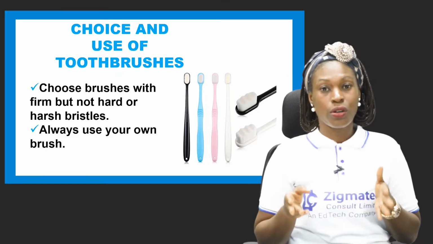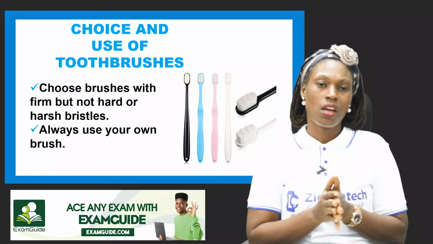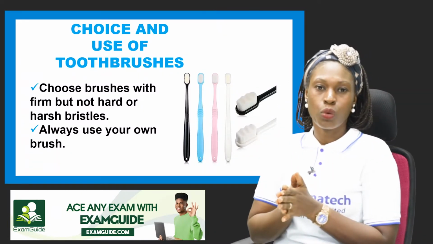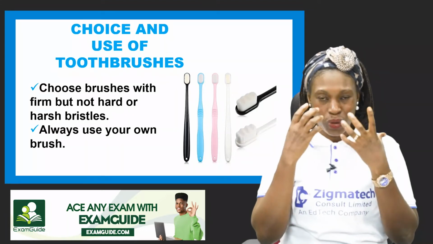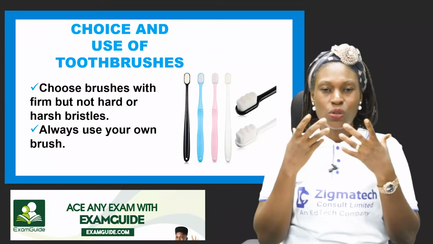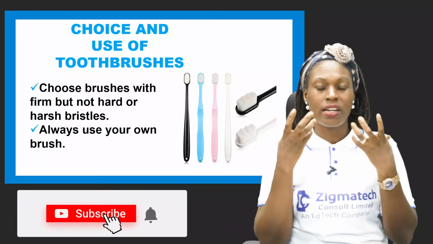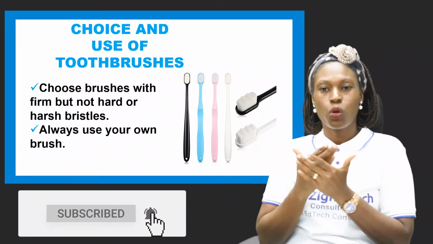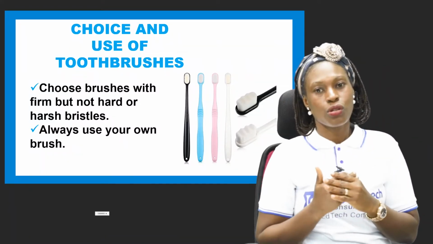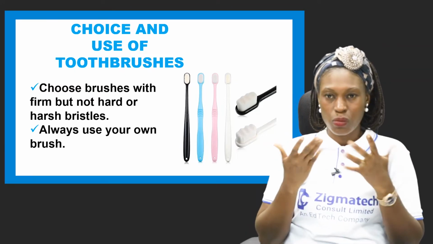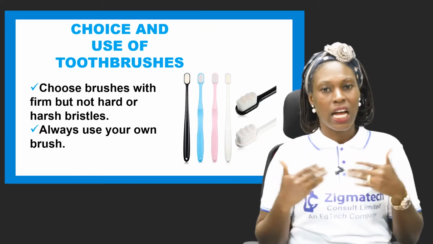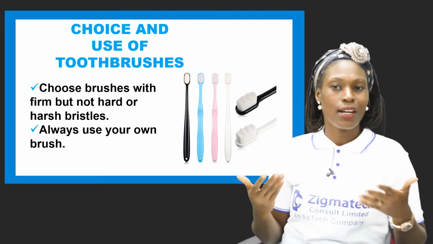So when you want to pick any of these, make sure it is smooth, it is firm, and it doesn't have hard or harsh bristles. Otherwise, as you're using it, you're bleeding, or after using it, you feel a whole lot of soreness in your mouth. So don't go for these types. Go for the ones that are very durable and smooth. You just get to use them and there are no complications after using a toothbrush.